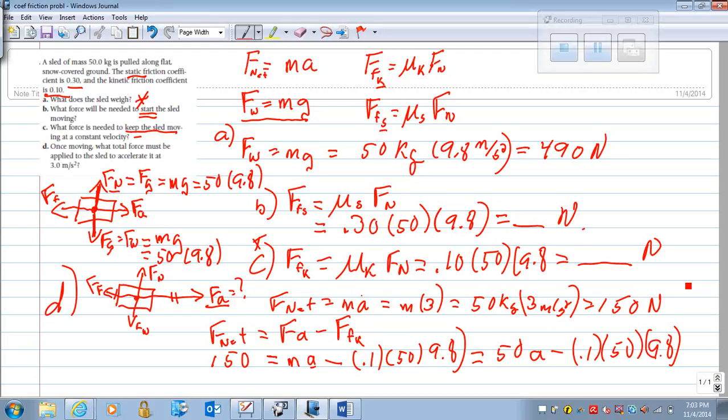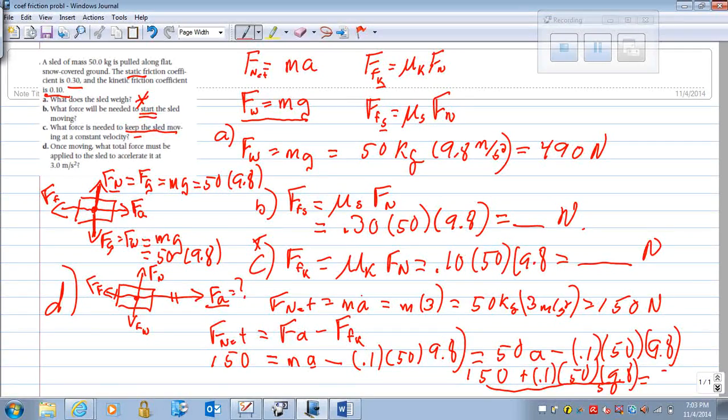So if I now solve for acceleration here, the way I would solve for it is to take 150 and add 0.1 times 50 times 9.8, whatever this comes out to be, and then divide it by 50.